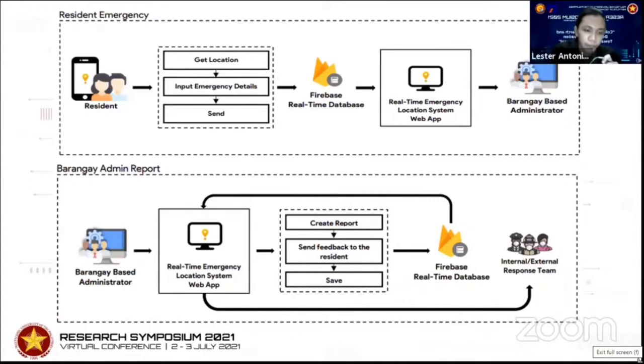The barangay admin report has the barangay emergency location system web app, which is web-based and also connected to the Firebase real-time database. The admin can create a report, send feedback to the resident, and also give information to the response team on how they will respond to the residents who need help.